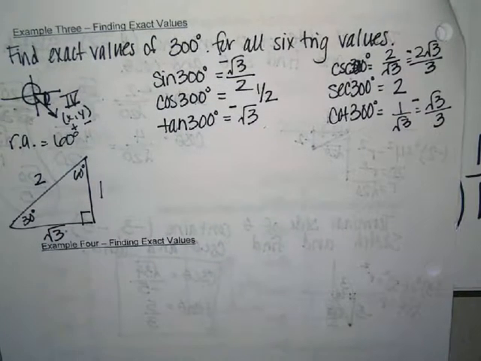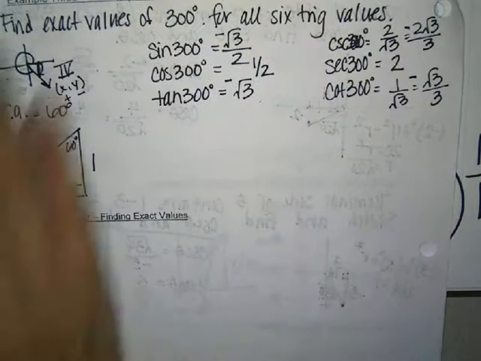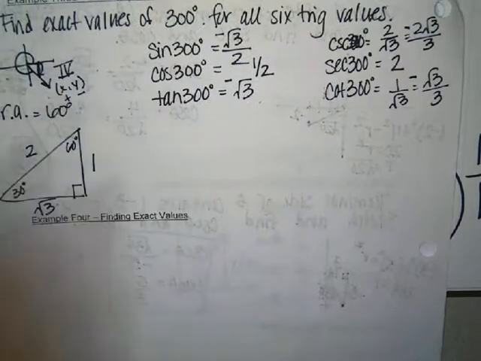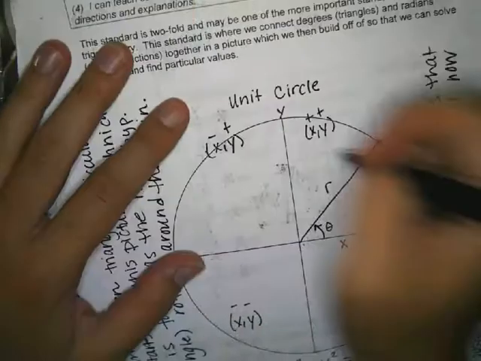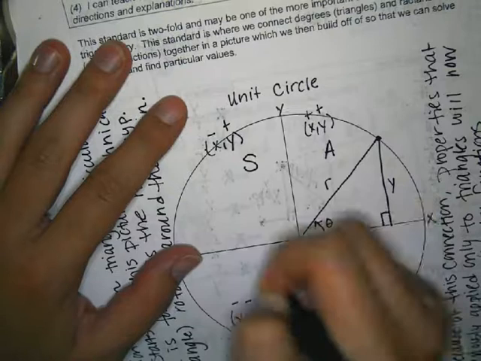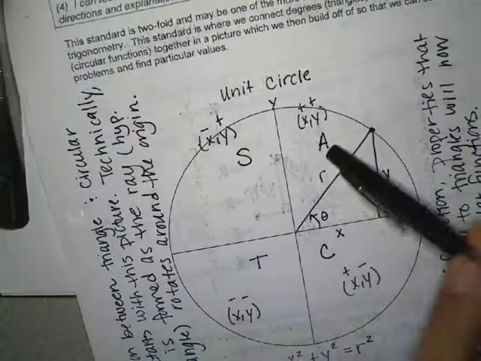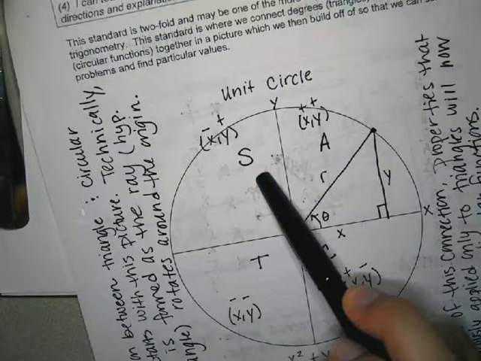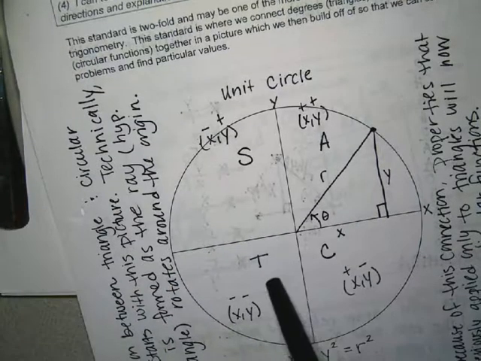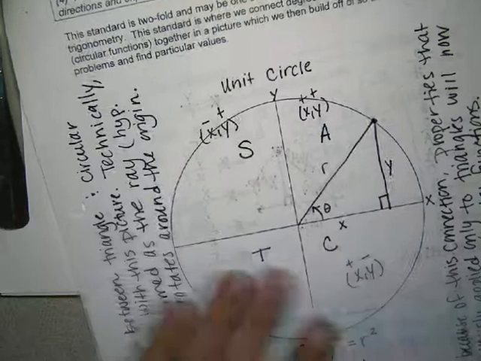Now, the way to remember what function is positive and what function is negative in each quadrant, we use this phrase, all students take calculus. So all the functions are positive in the 1st quadrant, sine is positive in the 2nd quadrant, tangent is positive in the 3rd, cosine is positive in the 4th.